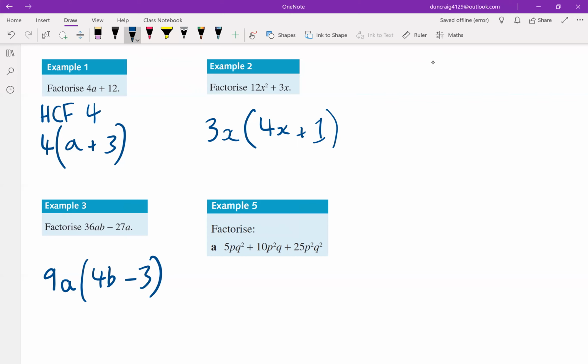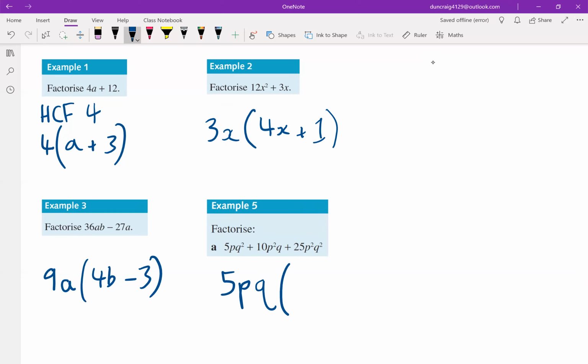In the fifth example here, it's exactly the same as the other three, except that we've got 3 terms in the expression. So let's have a look through. We've got 5, 10, 25, so 5 is going to be the number. p is common to all of those, but I can't do p squared. And q is common to all of those as well.